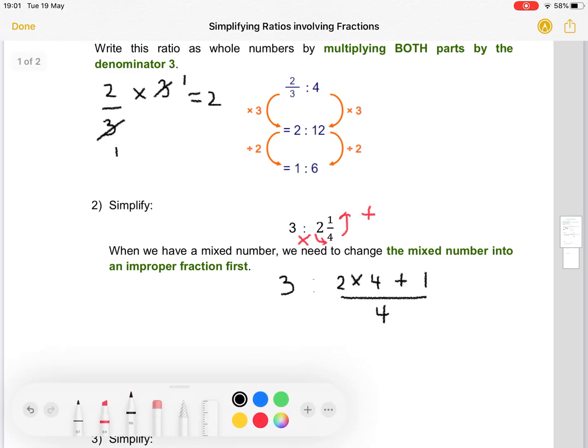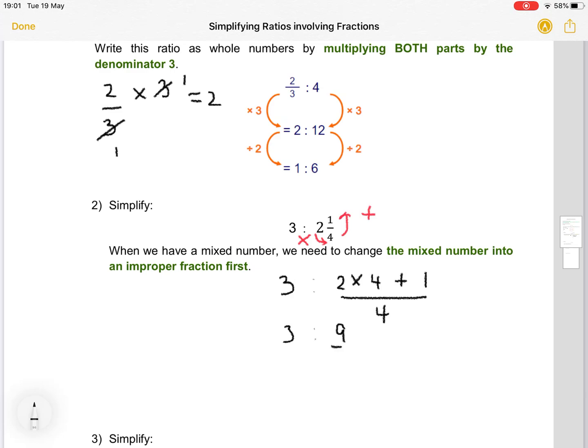Now, that becomes 3 is to 2 times 4, it's 8. 8 plus 1 is 9 all over 4. I need to multiply both parts by 4 because I have a denominator 4.